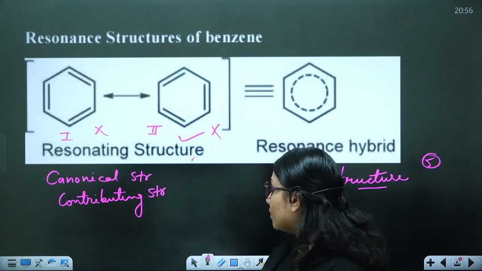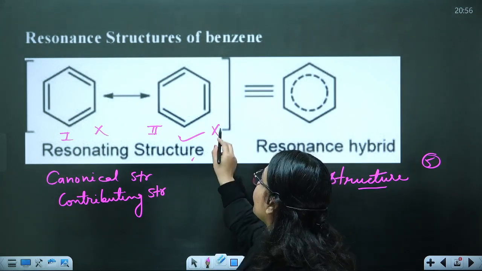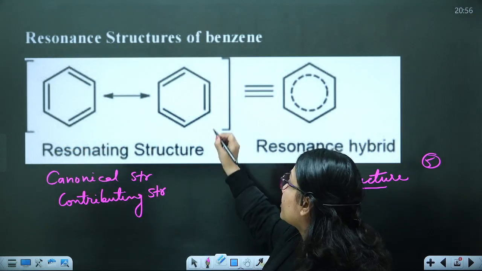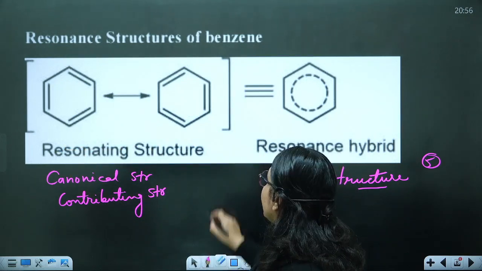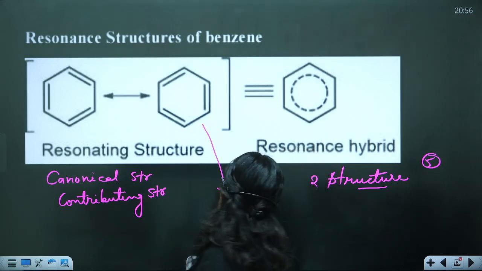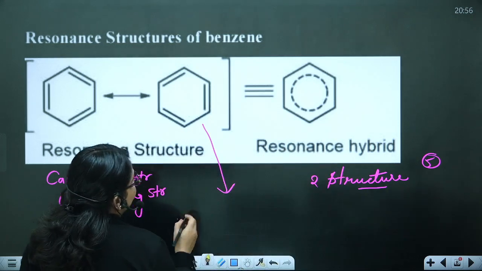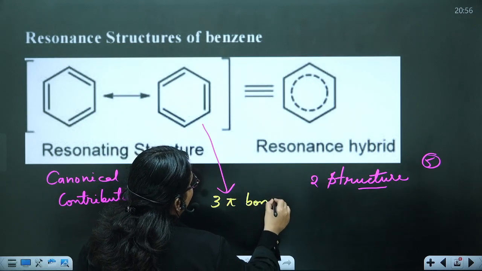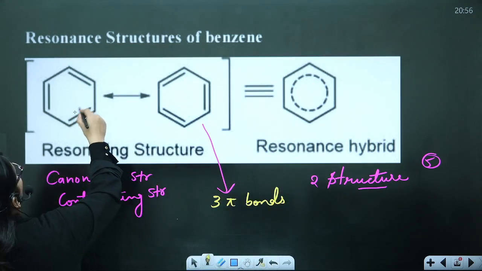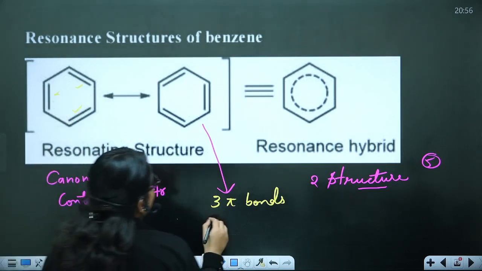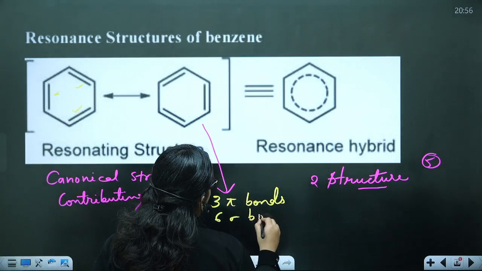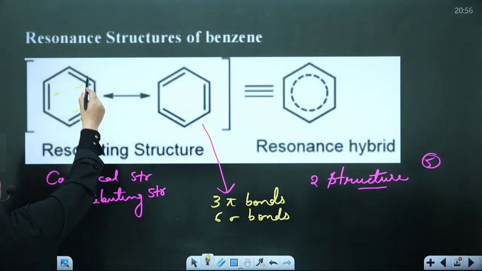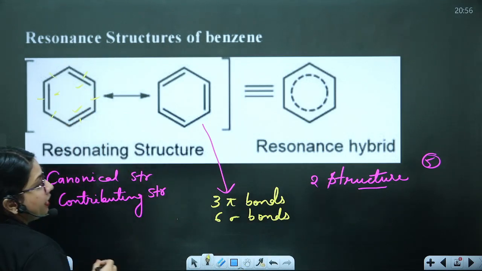According to this structure, benzene should contain 3 pi bonds, 1 2 3, and 6 sigma bonds, because it is a hexagonal ring, 1 2 3 4 5 6.